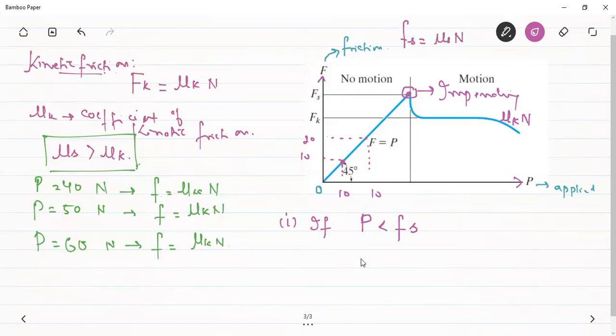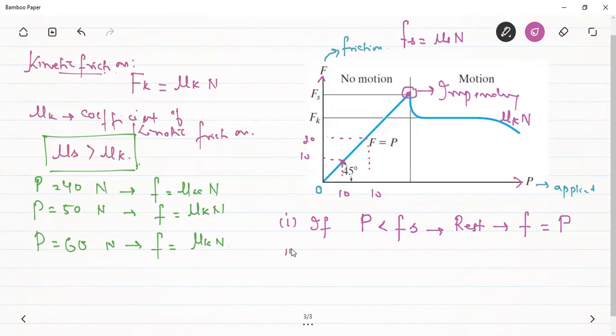If the applied force is less than the limiting value of the static friction, then what will happen? The body will remain at rest, and the friction force will be equal to the applied force.